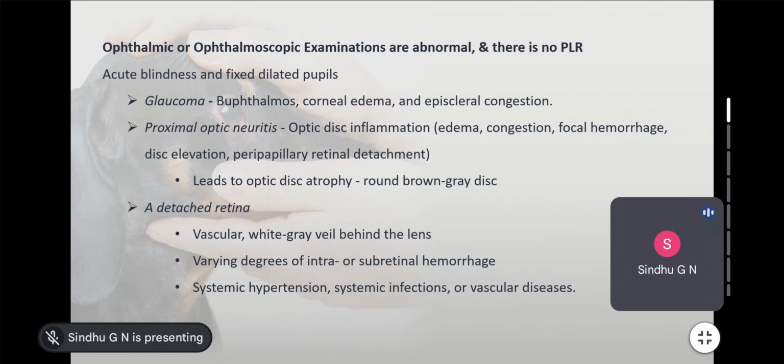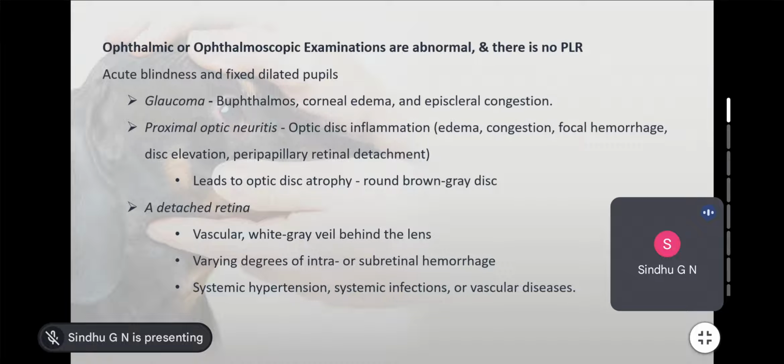Then comes the third possibility. Ophthalmoscopic examination is abnormal, there is a visible abnormality, and there is no PLR. That can be due to acute blindness and a fixed dilated pupil in glaucoma. That would show buphthalmos, corneal edema, episcleral congestion, optic disc cupping, vascular attenuation, and no PLR.